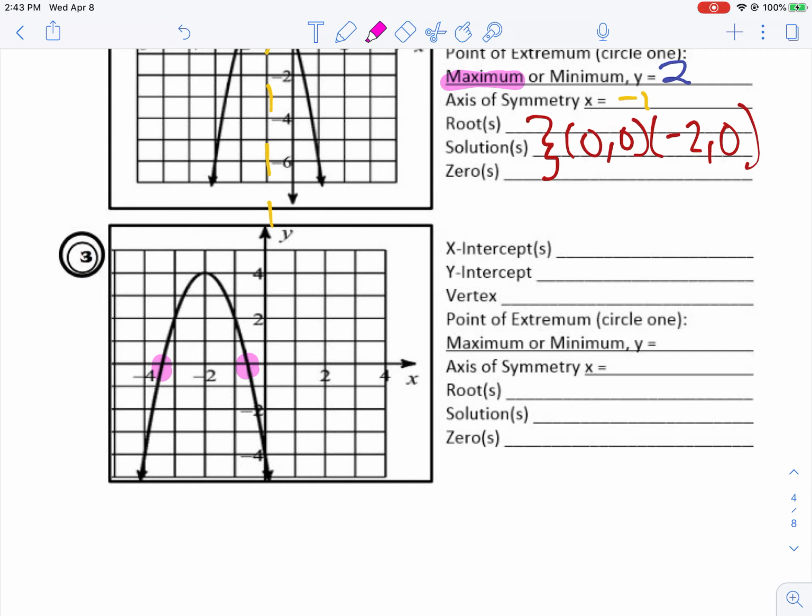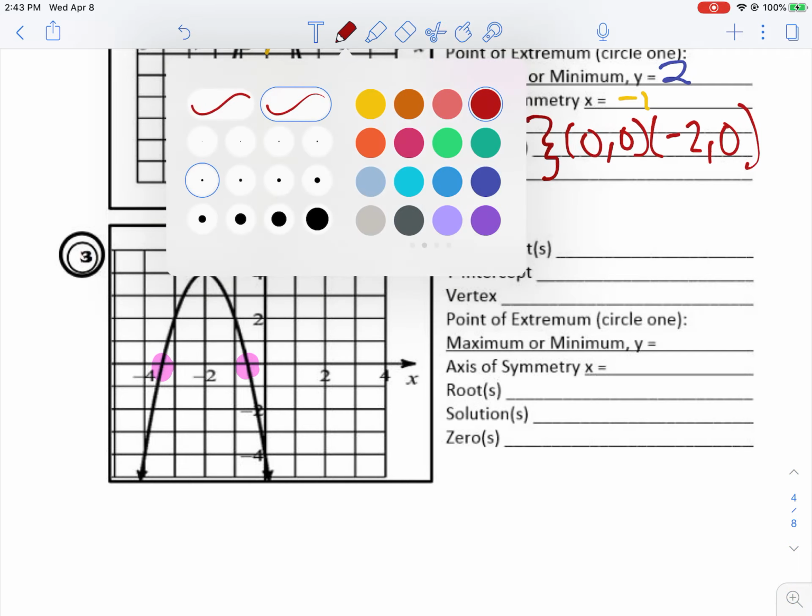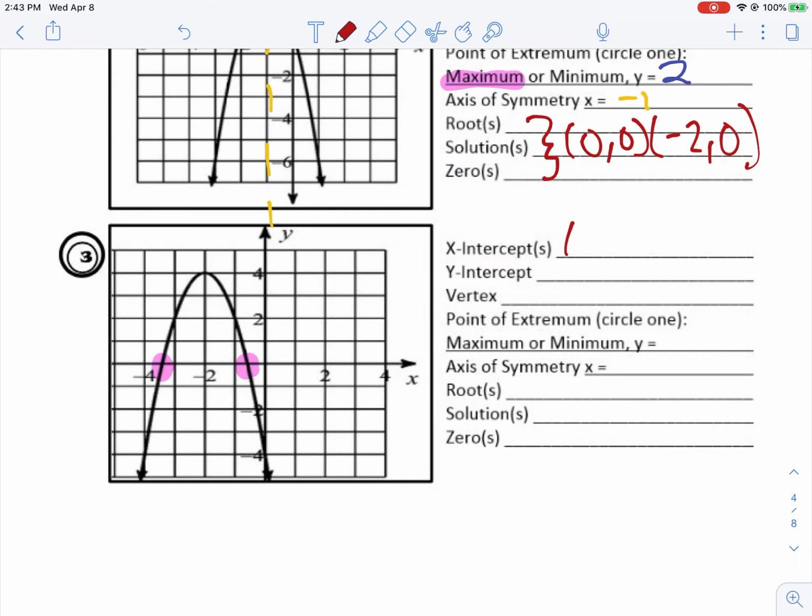If you look at 3, the x-intercepts are right here. So to me, it looks like they are at about -3.5 and at -1/2.